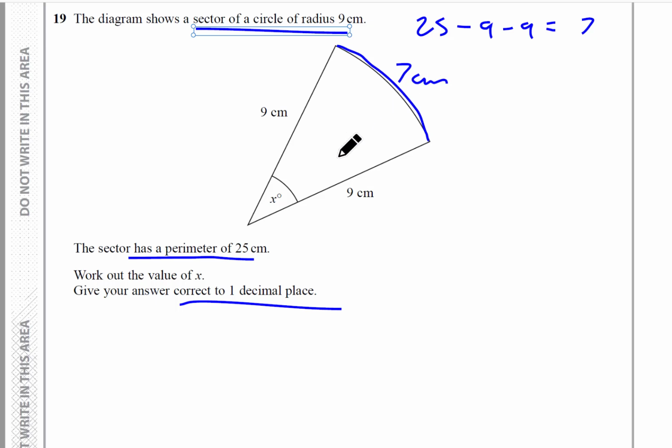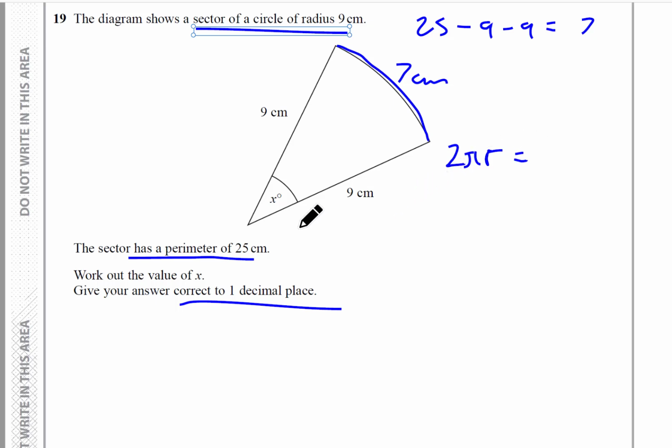Work out the value of x. So this is related to circumference, isn't it? So what's the circumference of a circle? And we have r, so we've got 2 pi r equals the circumference.